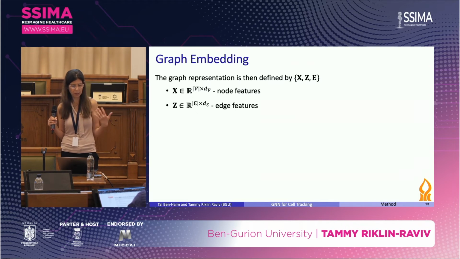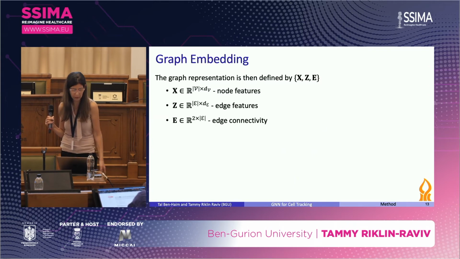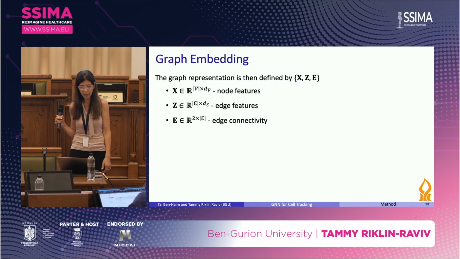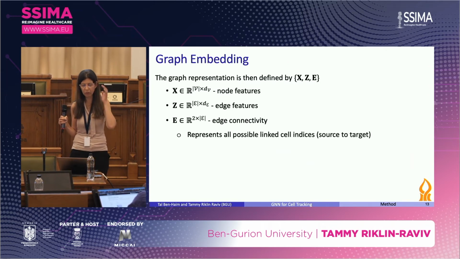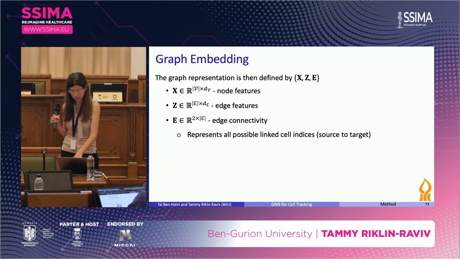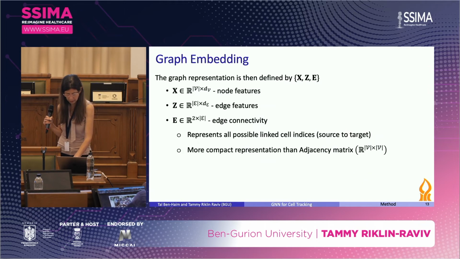The same applies to the edge features: it has the dimension of the cardinality of the edges and the size of the feature vector. And E is the edge connectivity matrix. It is 2 by E, and it represents all possible links of cell indices. This representation is much more economical than an affinity or adjacency matrix.